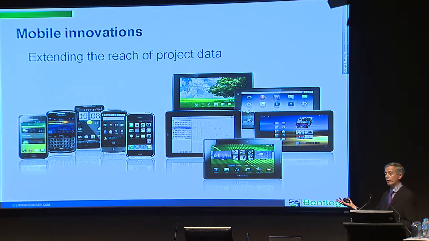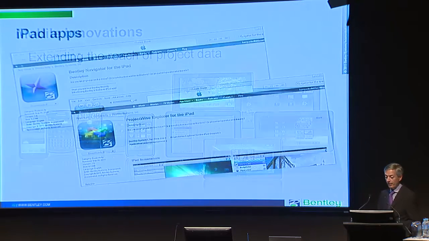I think everyone's got one in the room today. iPads, iPhones, Galaxy Tabs, Windows tablets are coming out soon. There's a whole range of things. And the trick really is then looking at how we can get value from that. As contractors, as designers, as suppliers, how do we actually leverage that and get value? Rather than just having them for the sake of them and thinking, wow, this is really cool, look at my iPad. How do we get value?